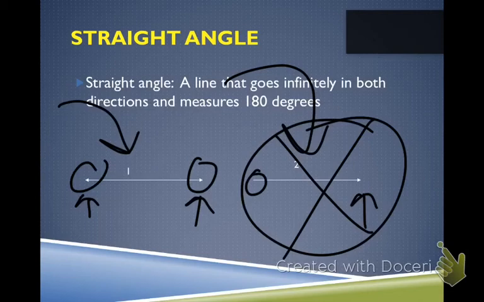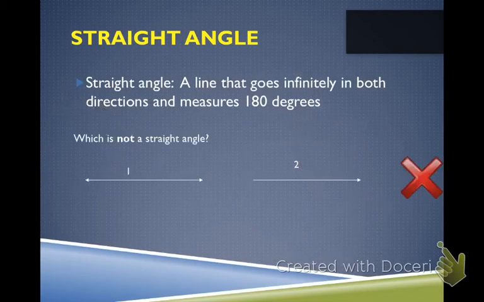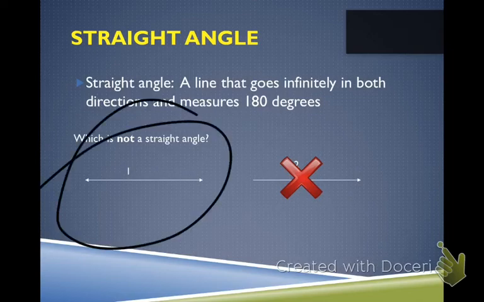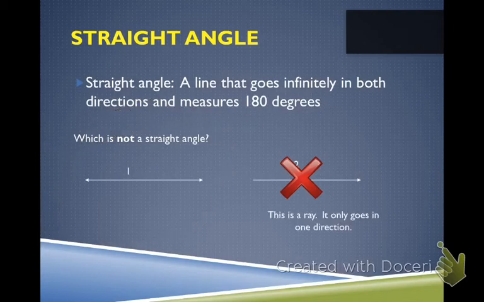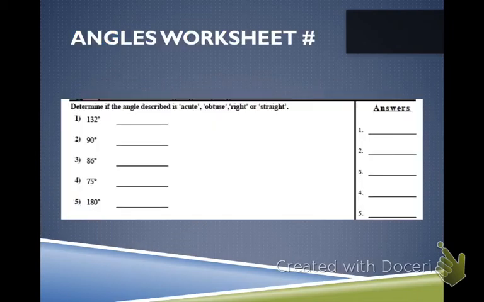Both of the others do. So the one that is not a straight angle is number 2. However, this one is, it's a straight line, and it goes in both directions. Congratulations.